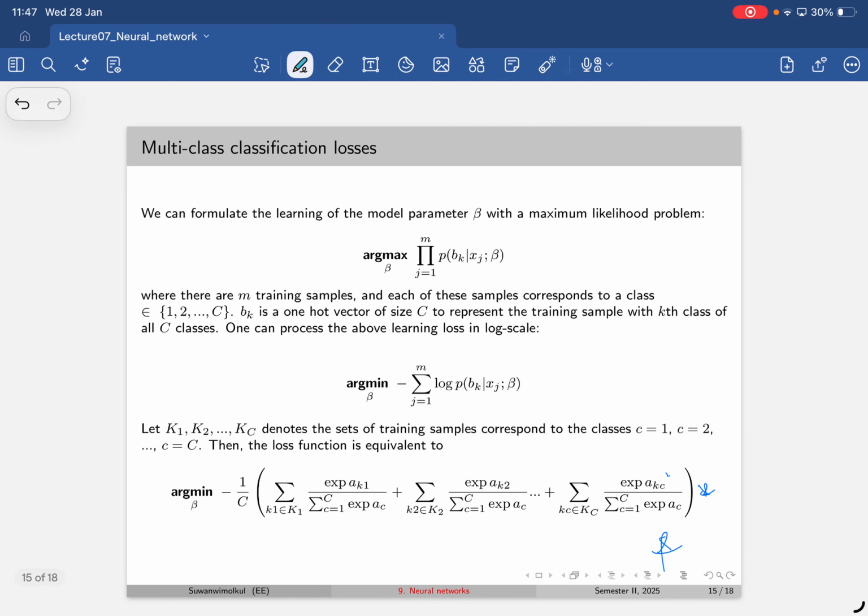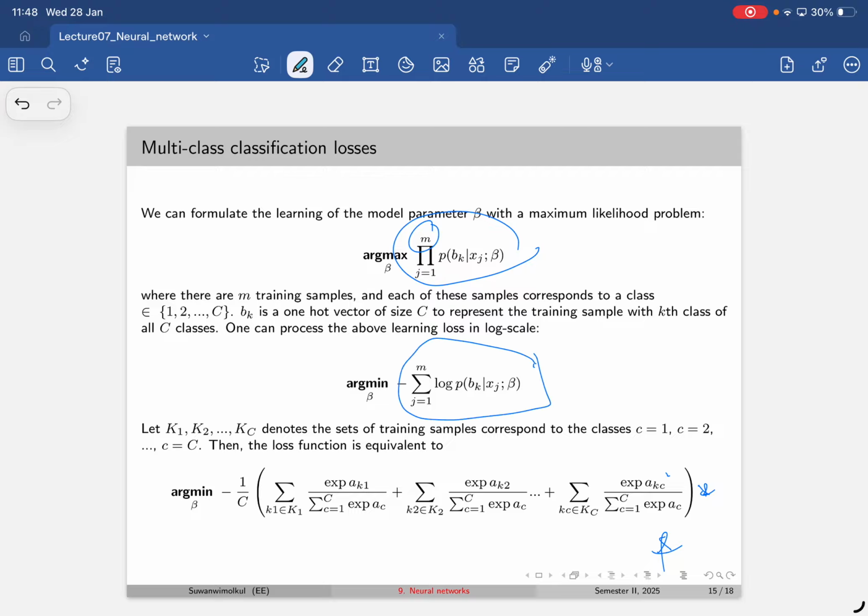Okay. When we think about how to use this knowledge to formulate our learning loss, it depends on what we have in our training set. Let's say we have M training samples, then some of these M training samples will fall into class A, some will fall into class B, some will fall into class C. And with that, we could use the joint probability and decompose it.